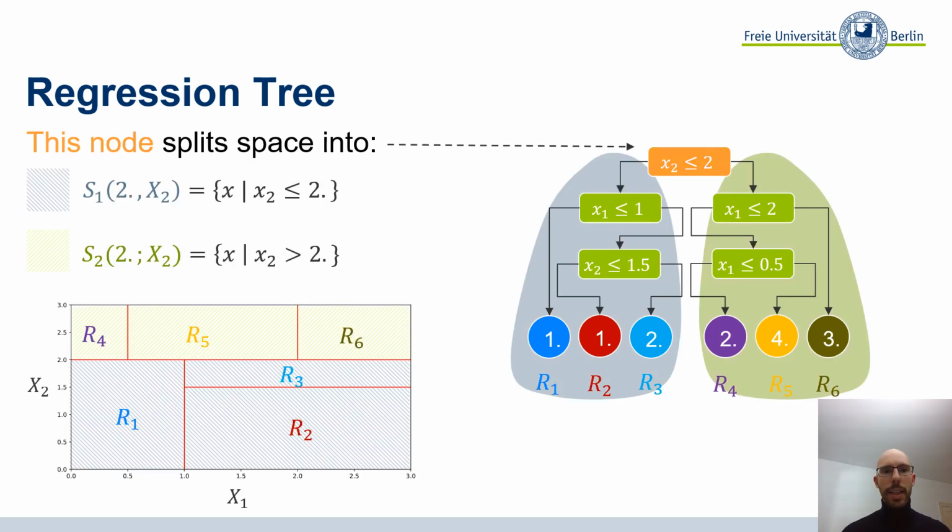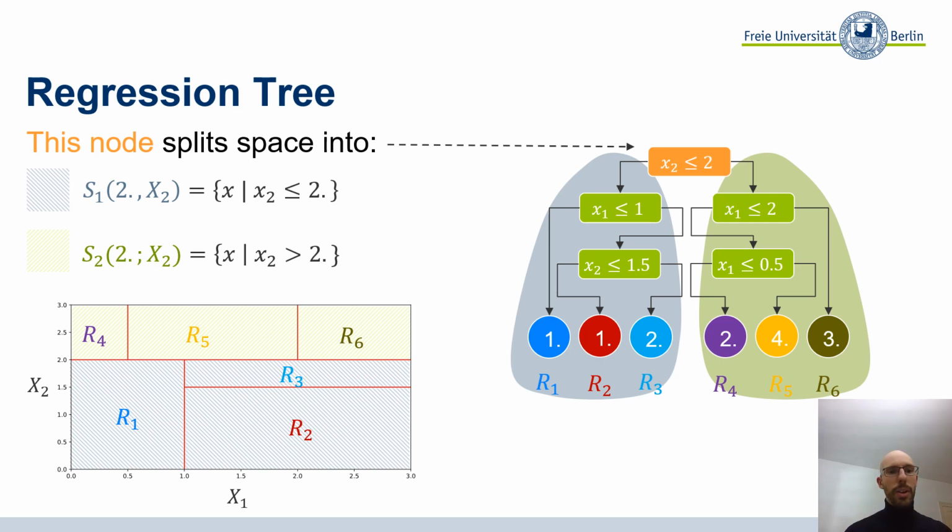Now, again here, this particular node in our example splits our space into two half spaces. Here, where the second coordinate is smaller or equal to 2, and the second half being all points where the value of the second coordinate is greater than 2.